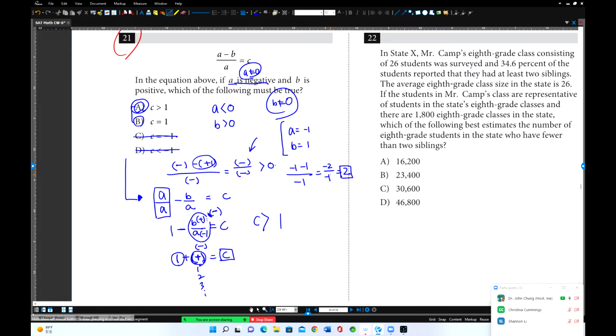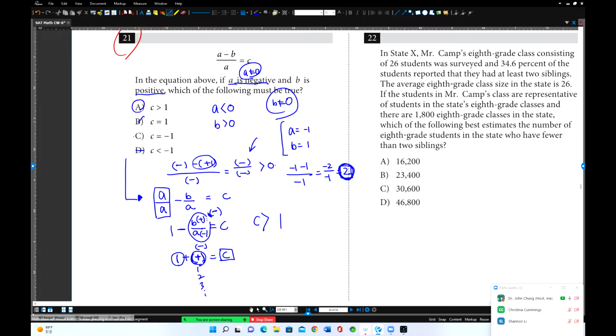Using this, you can clearly find the correct numbers: A is negative, B is positive. This one should also be true.